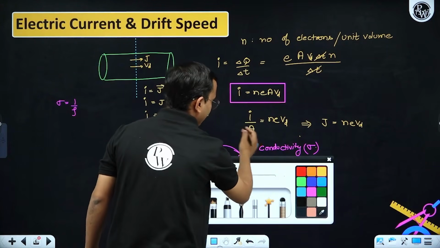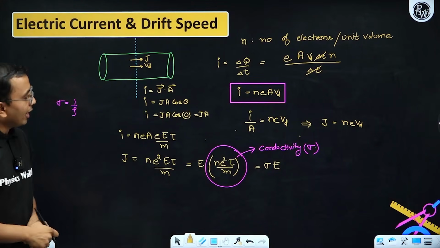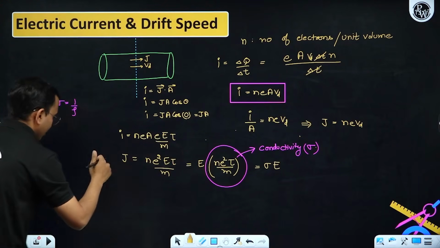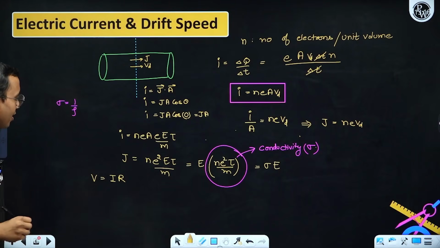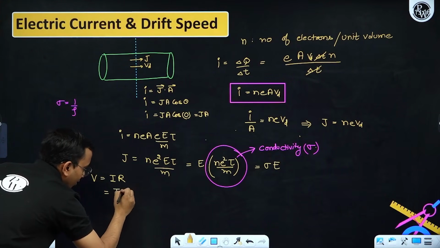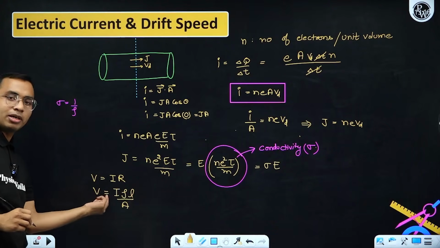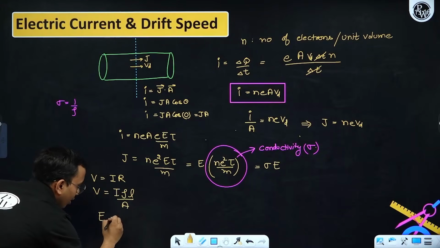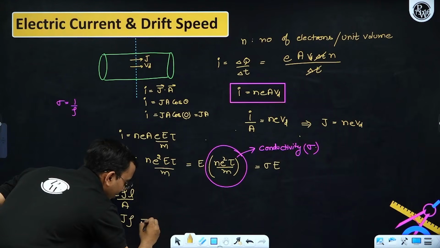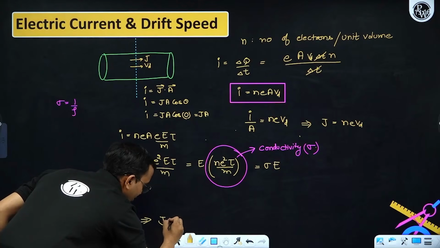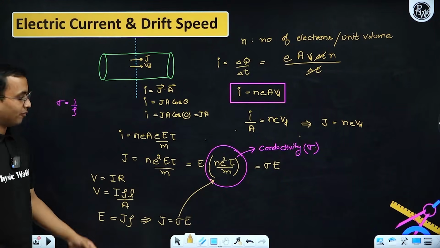So I can write this formula as J equals sigma into E. The other way, if you see, we know Ohm's law, V is equal to IR, and R is equal to rho L by A. Potential difference divided by length gives the electric field E, which is equal to rho times I by A, that is my J, and resistivity is 1 by conductivity, so J is my sigma E. So basically this expression is sigma only. Therefore, that expression is my sigma, that is conductivity.